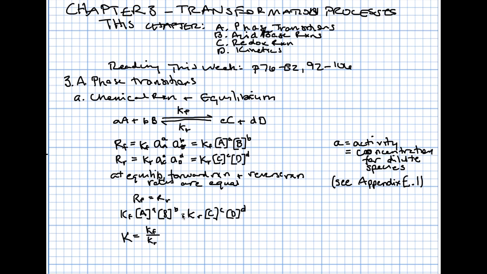If we just solve the equation above for k sub f over k sub r, we have the concentrations of the products raised to their stoichiometric coefficients on the top times the product of the reactants on the bottom. And this is a relationship that you are familiar with from basic chemistry classes.